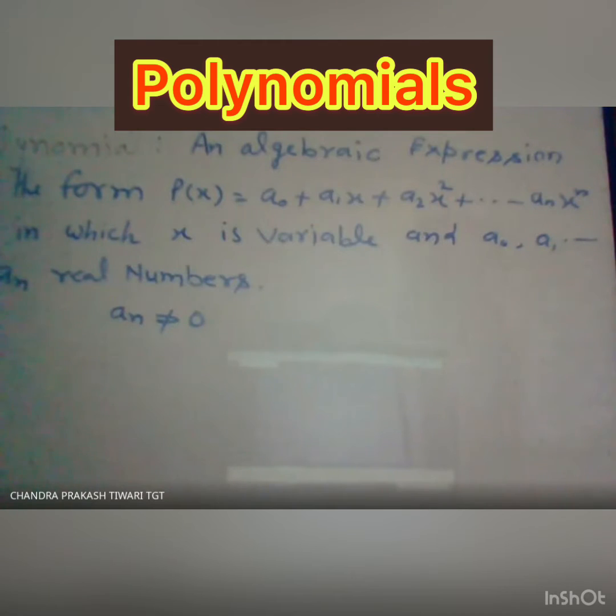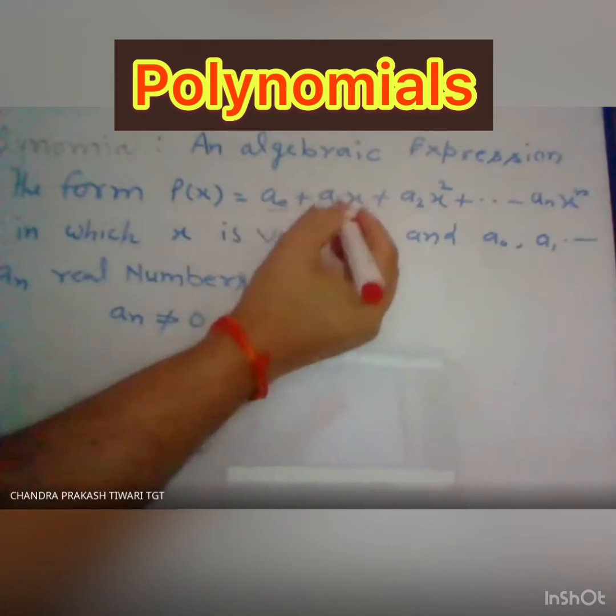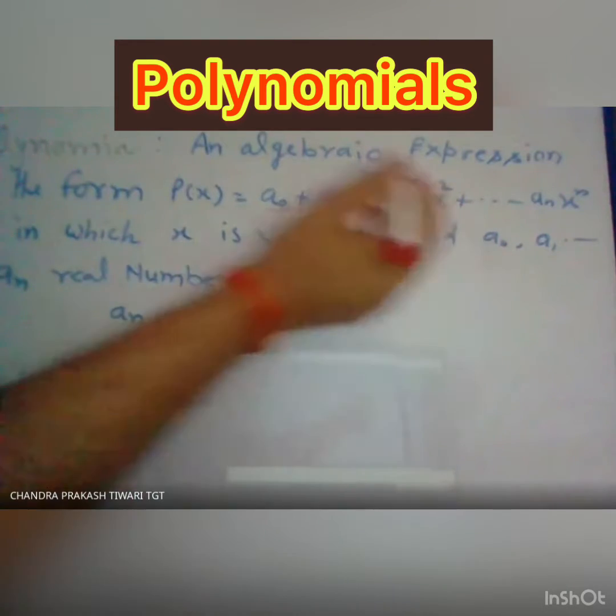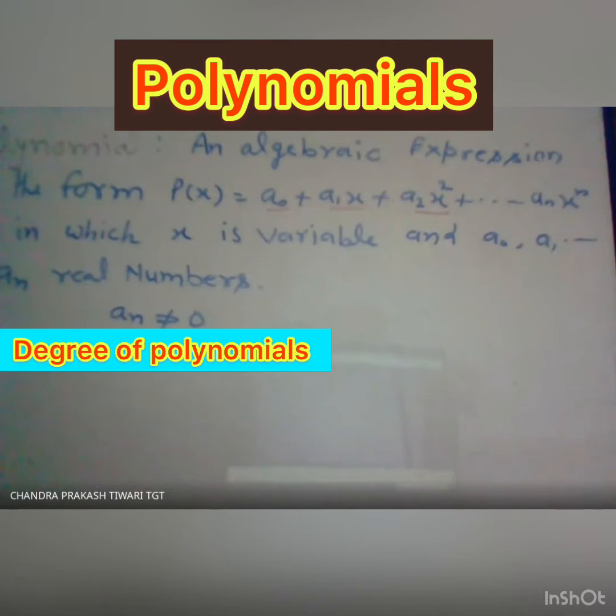Then we can say that this is a polynomial. And in this polynomial, these are terms. This is the first term, this is the second term, this is the third term, and so on up to last. You can say that there are n terms in this polynomial. How many terms? N terms. Okay. Now, how can you find the degree of polynomial?